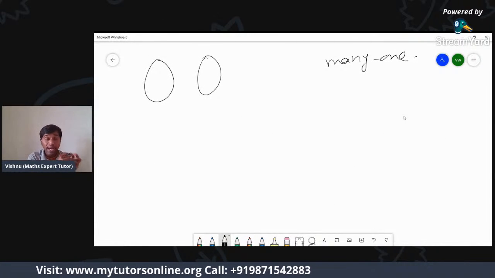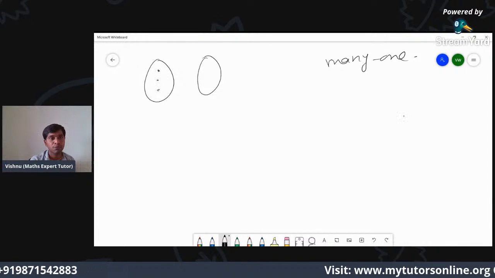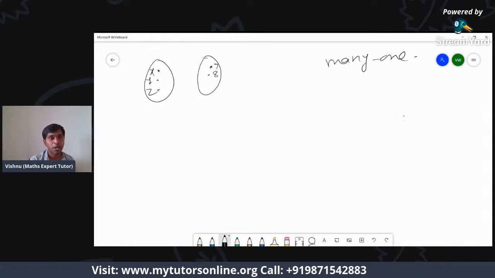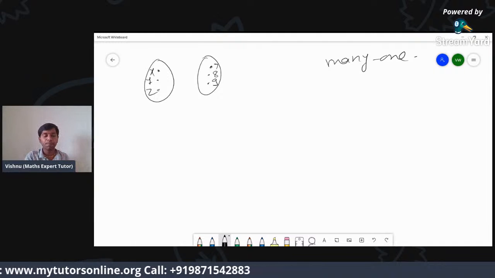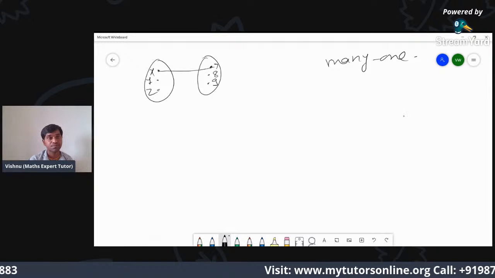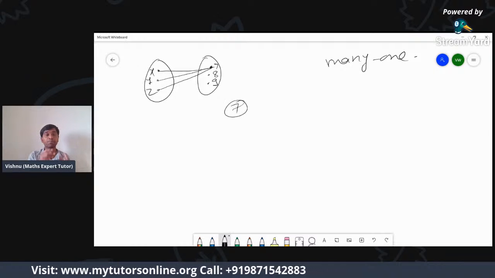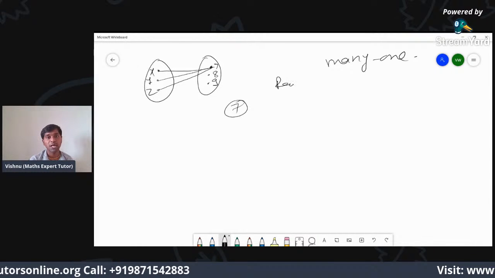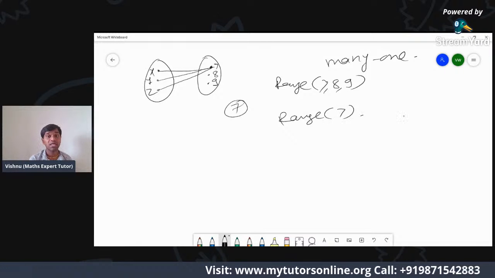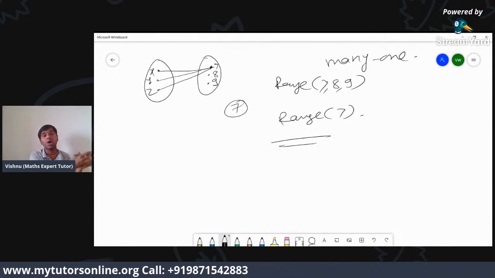If there is one x and there are multiple values, for example x, y, z is 7, 8, 9, and the original range is 7, 8, 9, but here the range is only 7. In such cases, it is many one. If not, then it is onto or one-one.